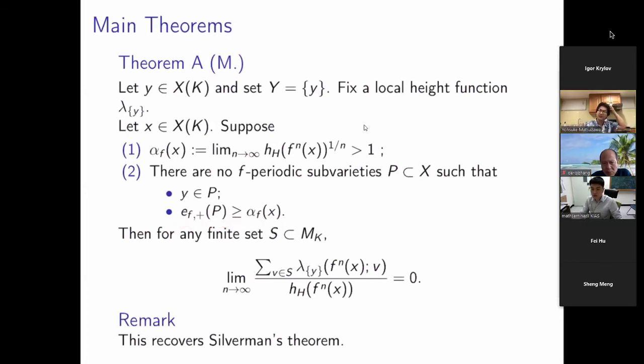I see. So let's consider only projective space, just P^n, and P is a hyperplane or something like this. In this case, alpha is the algebraic degree of f. Yes, that's right.